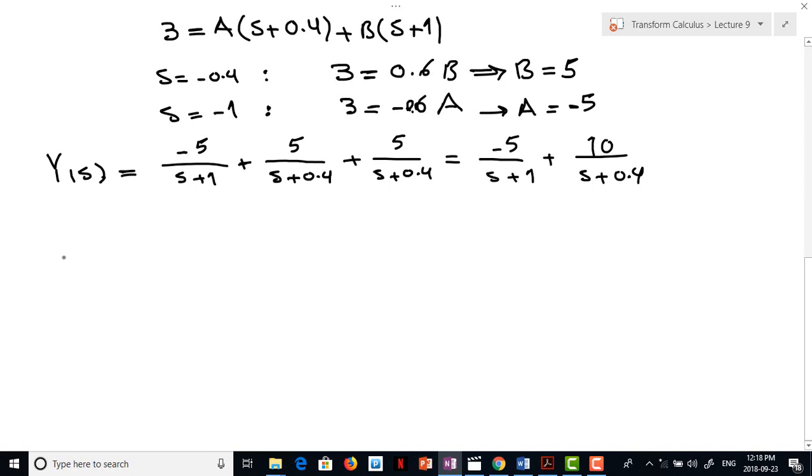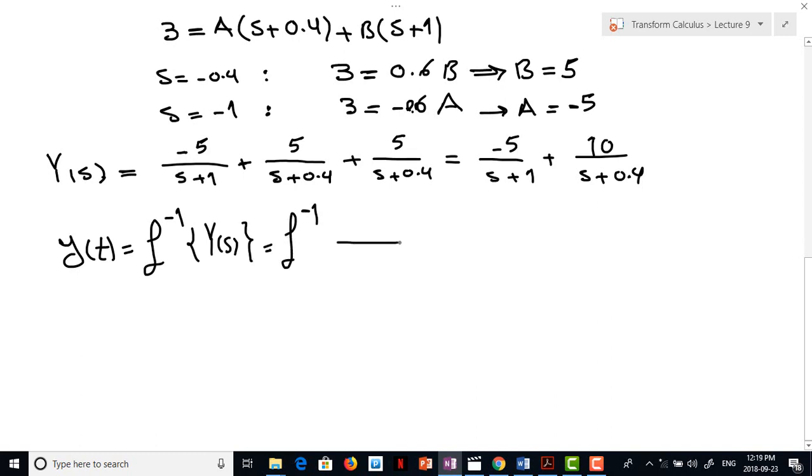So now we can easily find the Laplace inverse of Y(s). In fact, y(t), which is the Laplace inverse of Y(s), is the Laplace inverse of minus 5 over s plus 1, plus the Laplace inverse of 10 over s plus 0.4.